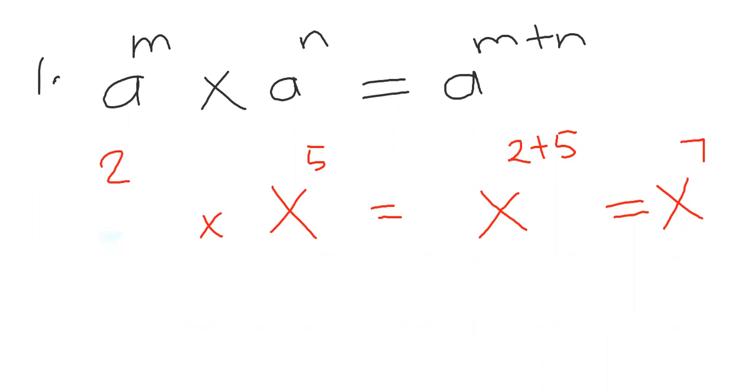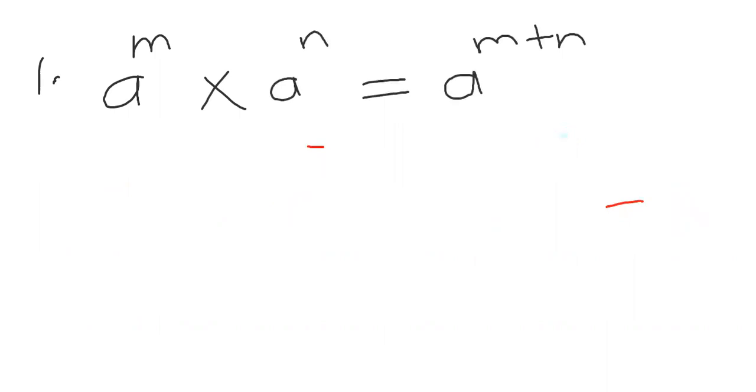I'll do another example. Assume we have 2y to the power 3, and then we are multiplying it by 4y to the power, let's say 6.